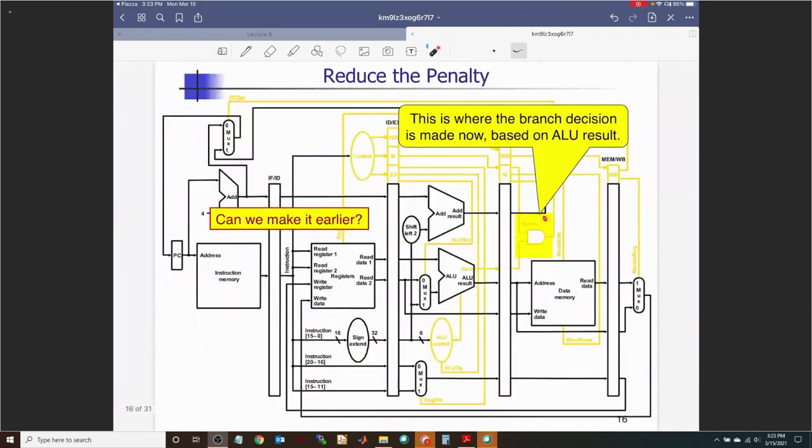Right here. That guy needs to take in 2 inputs, right? One input is ALU zero, the other input is the branch, and the output of this goes into PC source. This is not shown in that. Instead of taking in the zero, it is now taking in the output of the comparator.